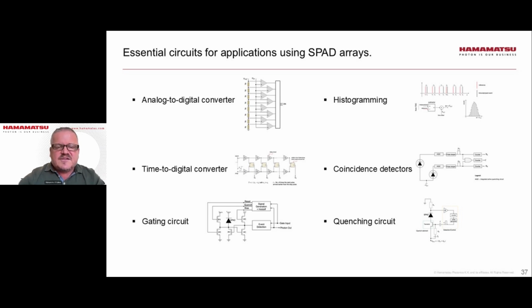We can have gating circuits, so we can control when the SPAD is sensitive to light and when it's not. We can implement histogramming electronics within a single pixel. We can also implement coincidence detection and, very importantly, quenching circuit, again, ranging from a single resistor to a more complex active quenching.